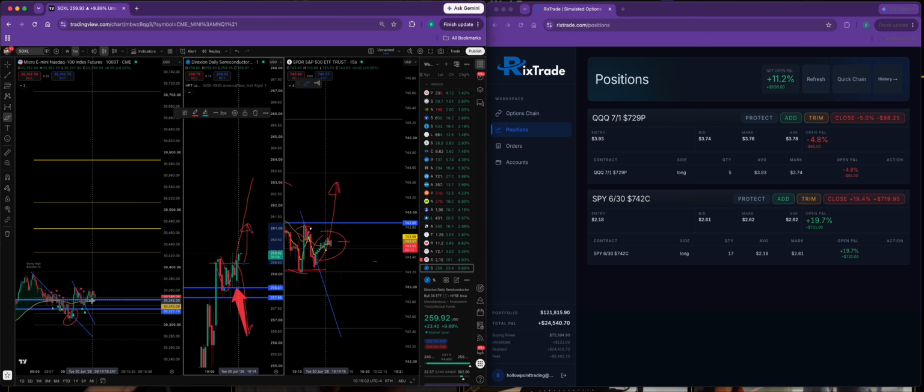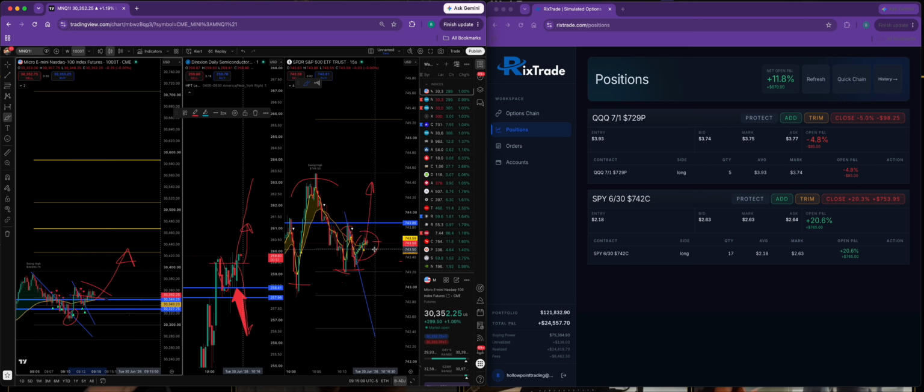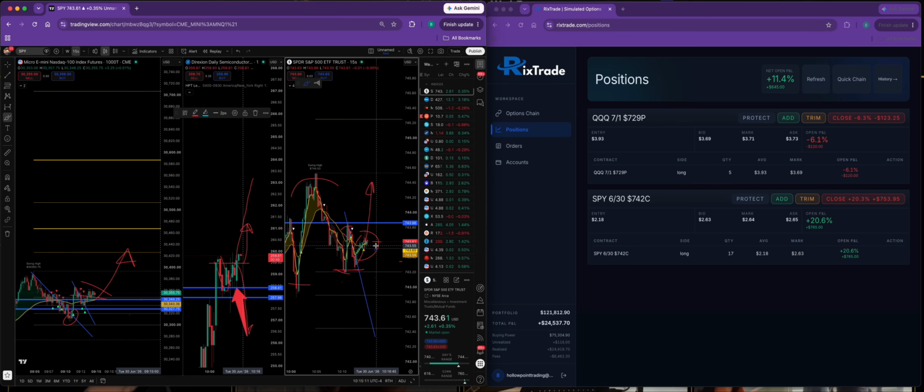Kind of have that continued push up here, and then I want to see the follow through with the NASDAQ here. Look at that big engulfing candle here. So remember, arm extension up. Want to keep pushing here.